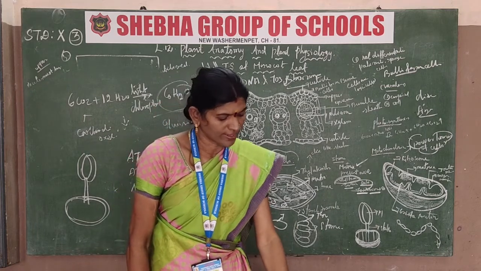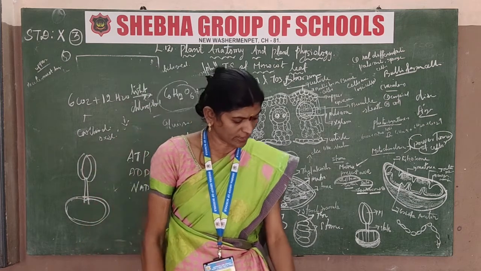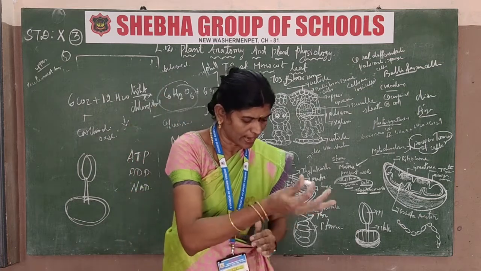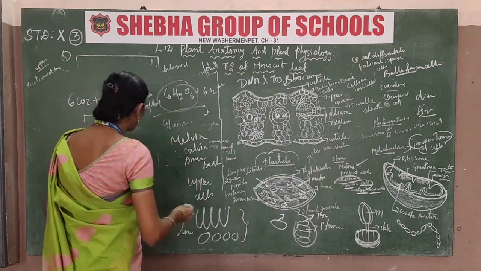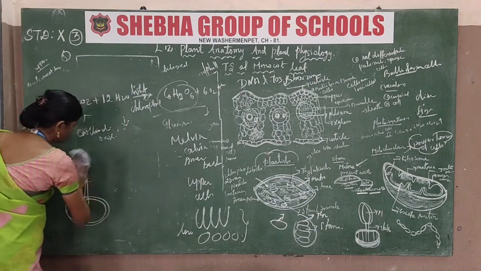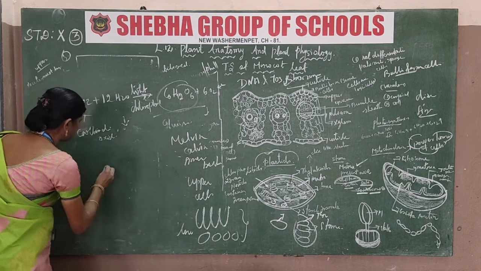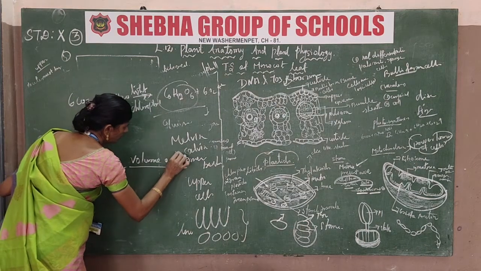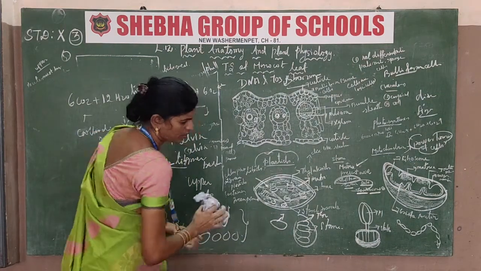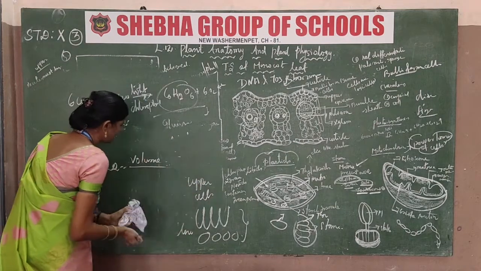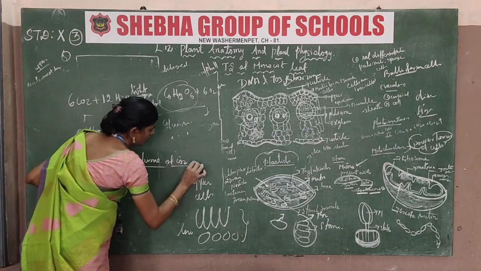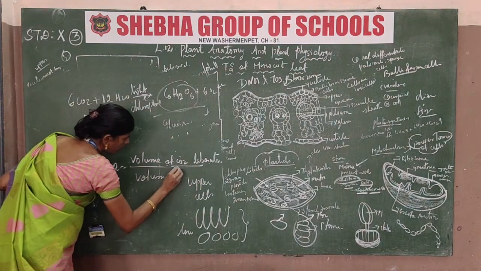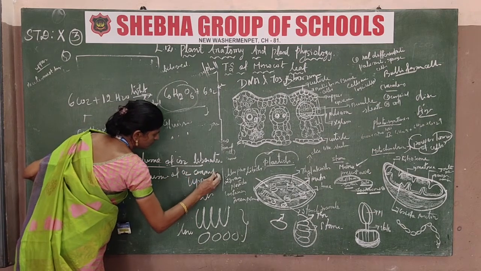Okay. Next is the respiratory quotient. The respiratory quotient is the ratio of the volume of CO2 liberated to the volume of O2 consumed during respiration. RQ, respiratory quotient, equals volume of CO2 liberated divided by volume of O2 consumed.